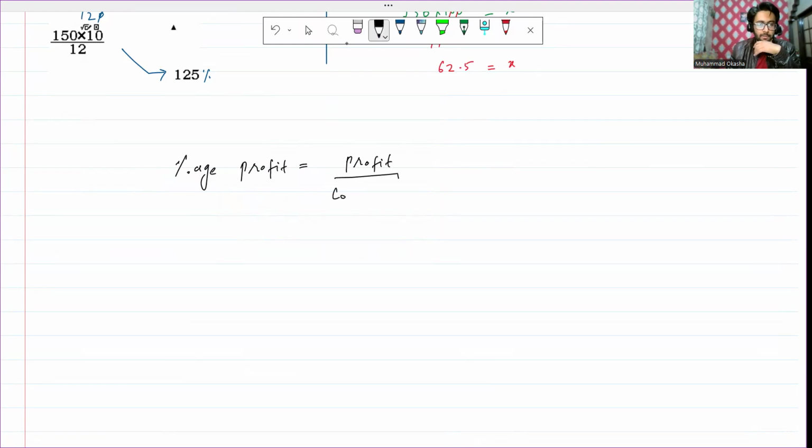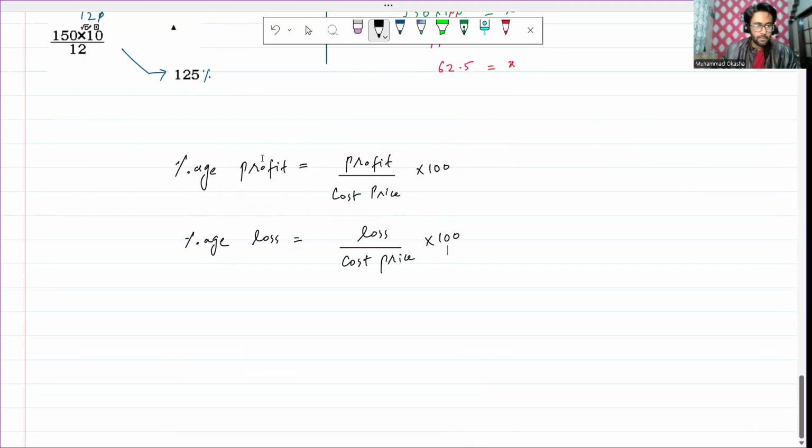Cost price means the price at which you bought something. And percentage loss is equal to loss divided by cost price multiplied by 100. Okay, these are your formulas for percentage profit and percentage loss. Let's use them.